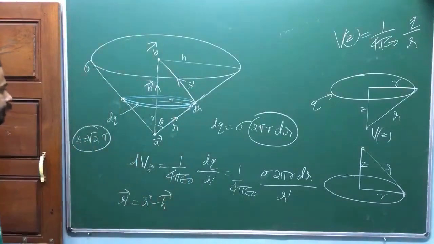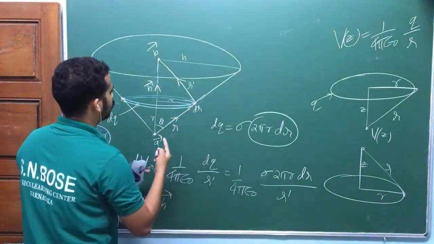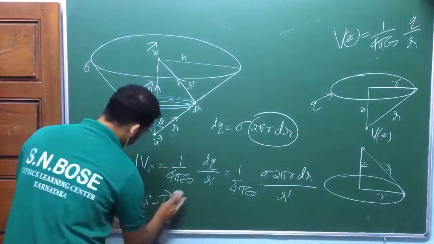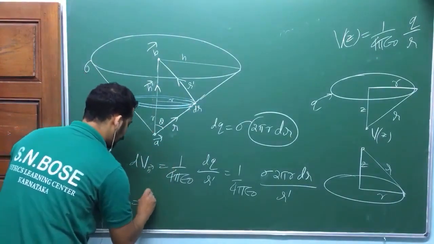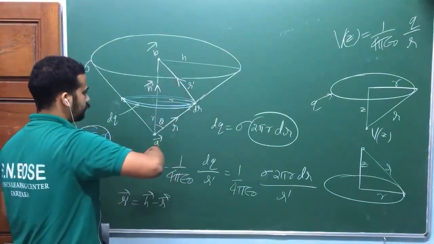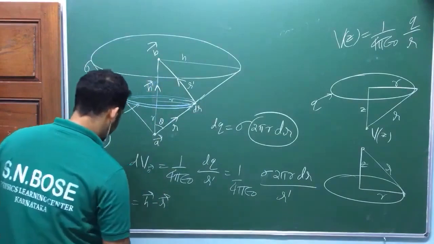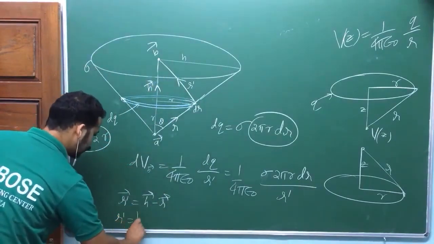Check this out. Minus H vector, R vector. No. H vector minus R vector. Yeah. H vector minus R vector. Yeah, that's equal to R prime vector.